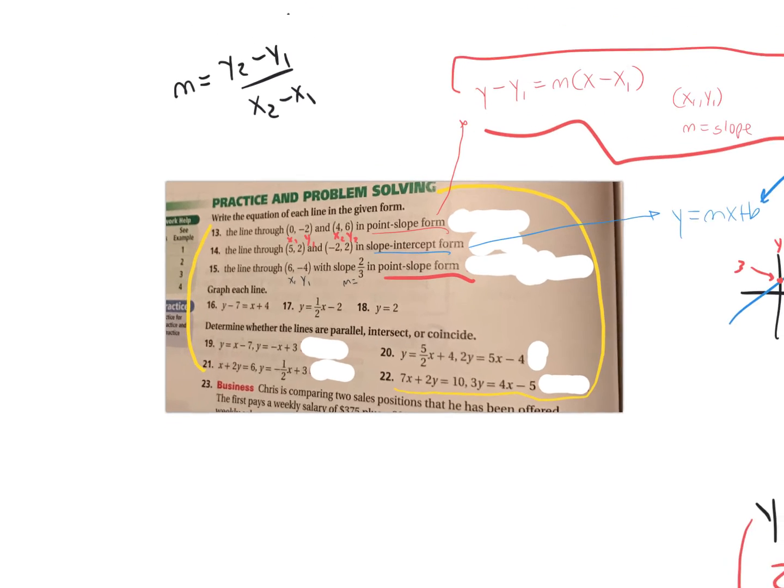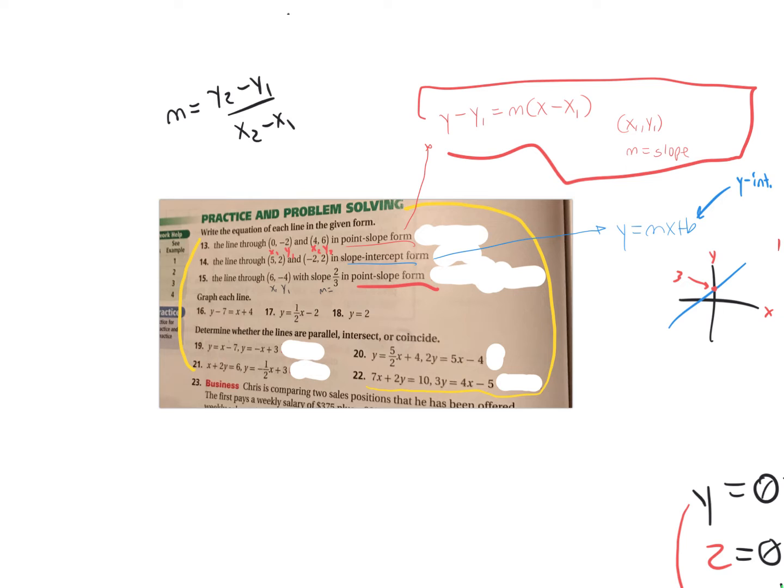If we plug that into the red box structure, it becomes y minus negative 4 equals the slope, 2/3, times x minus 6. So we have y plus 4 equals 2/3 times x minus 6. Okay, so that is the answer to that one.